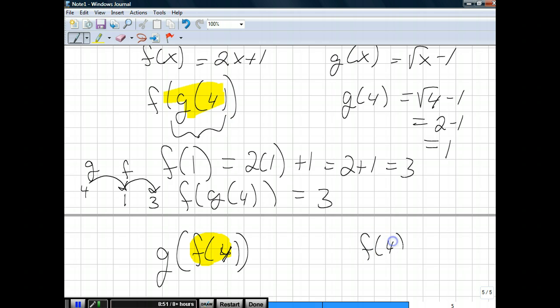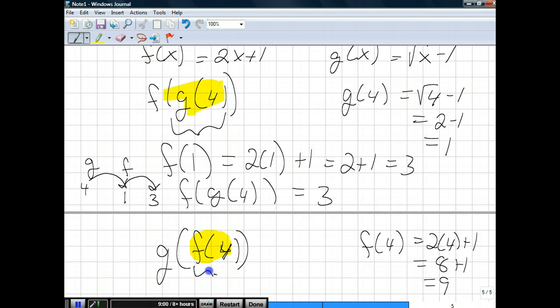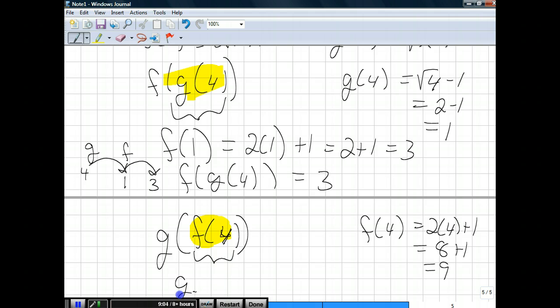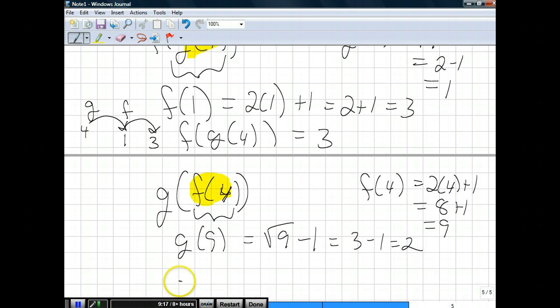So f of 4 is 2 times 4 plus 1, or 8 plus 1, or 9. So now we can replace this with 9. So g of 9 is going to be the square root of 9 minus 1. So 3 minus 1 is 2. So g of f of 4 equals 2.